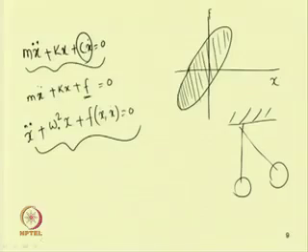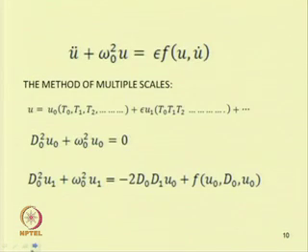In case of quantitative study, one can make approximate solutions to find the response of the system. For example, let us take this equation: u double dot plus omega 0 square u equal to epsilon f of u, u dot. Here we have assumed this forcing, which is a function of u and u dot, is very small, and that is why one has used this epsilon, the bookkeeping parameter. This bookkeeping parameter epsilon is always very much less than 1.